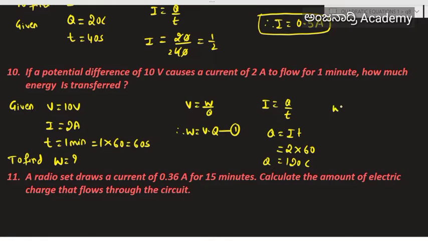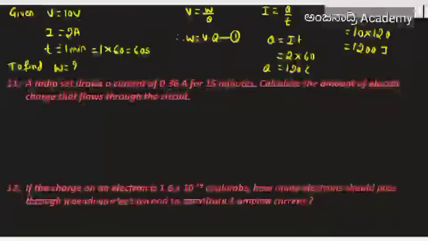Therefore W is equal to V into Q. V is 10 and Q is 120. This is 1200 joule. Therefore the answer is 1200 joule.